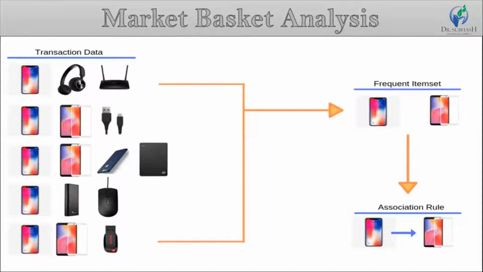We will discuss these steps in more detail in the example. Based on our example, we find out item sets, meaning how many items are purchased in groups. Based on that, we find out frequent item sets and apply association rules on those item sets.